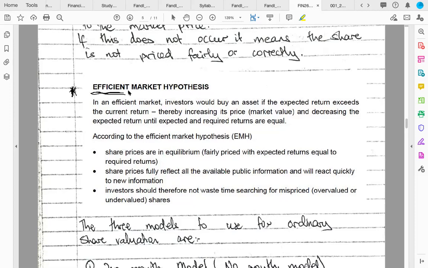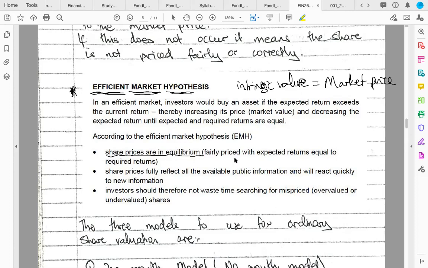If the financial markets of a country are efficient, it means the intrinsic value, which is the value we would calculate using our model, should be equal to the market price, right? In other words, share prices are in equilibrium.